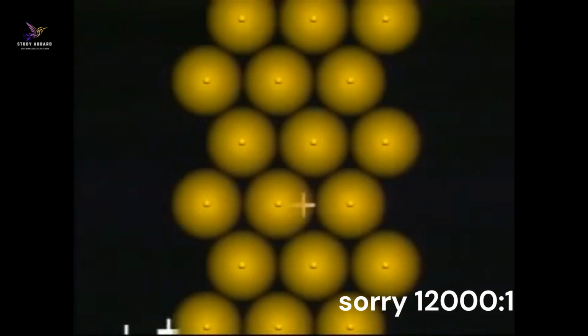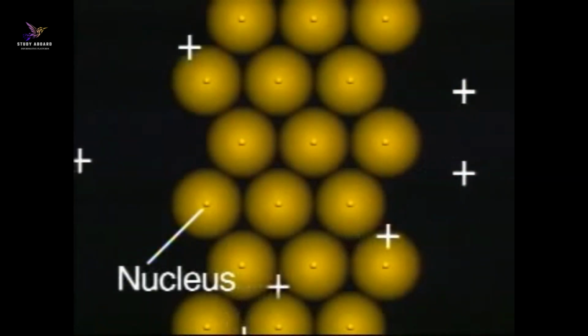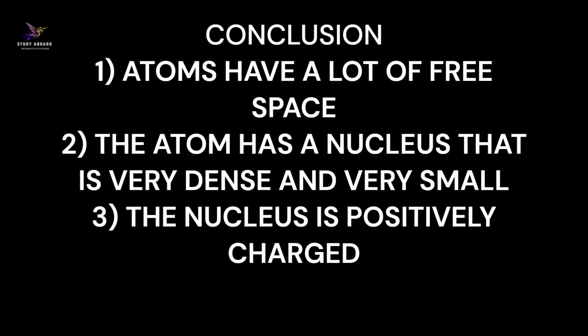Here, the scientists concluded that the atoms have a lot of free space, because while the experiment was happening, most of the particles were directly going through the gold foil. They also concluded that the atoms have a dense nucleus which is not at all easy to penetrate.